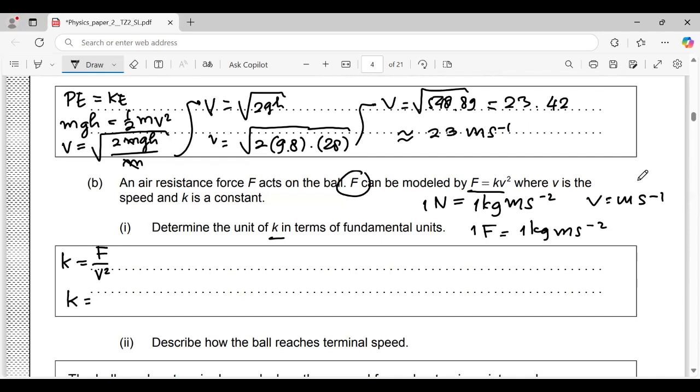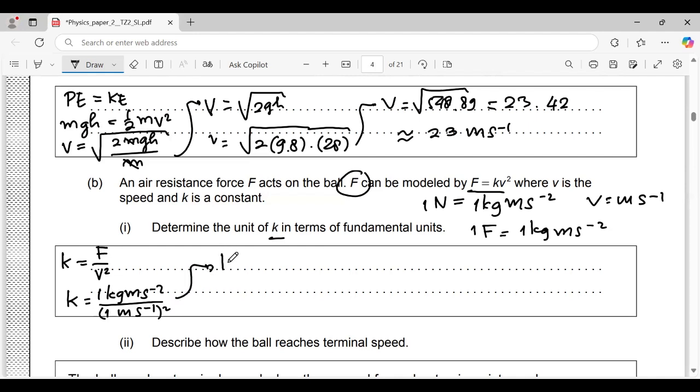Now substitute this information into this formula. F is 1 kilogram meter per second squared over v, which is 1 meter per second, to the power of meter per second. V squared means square this.